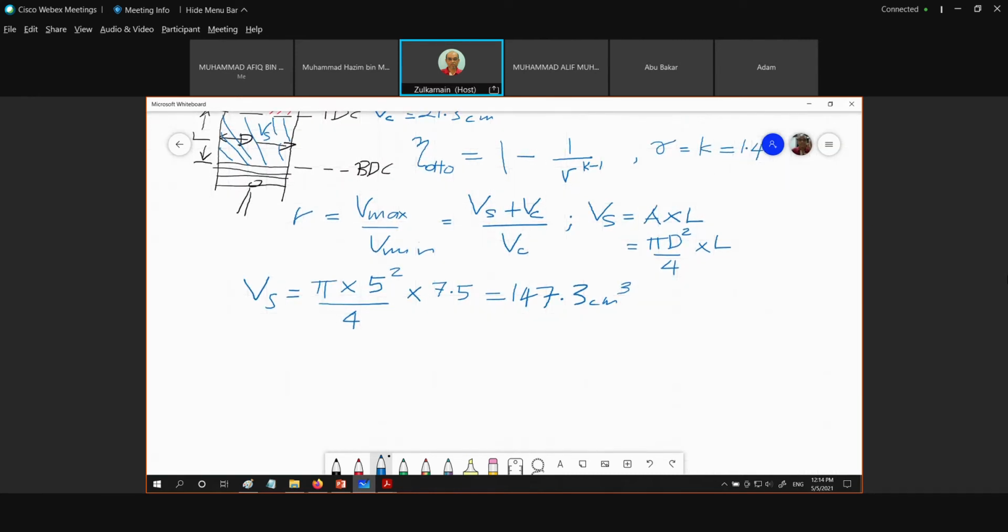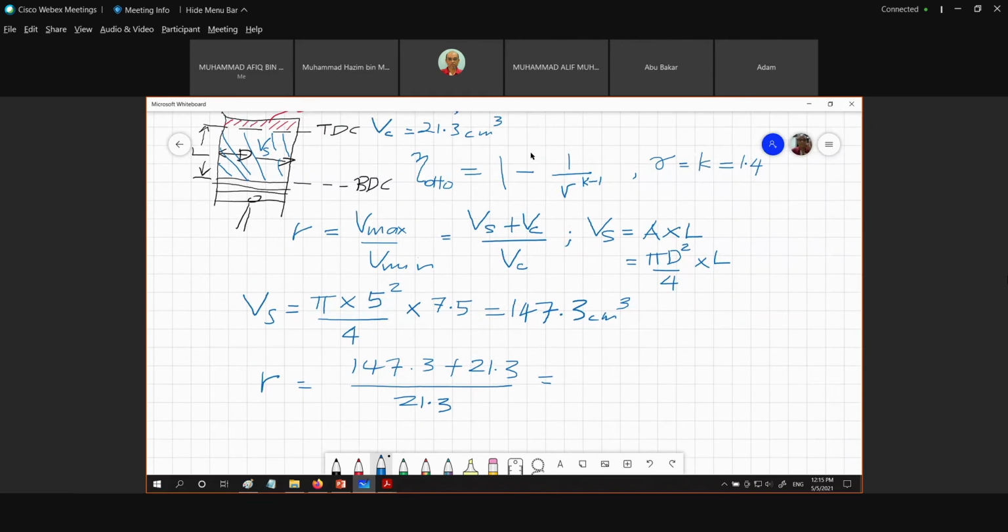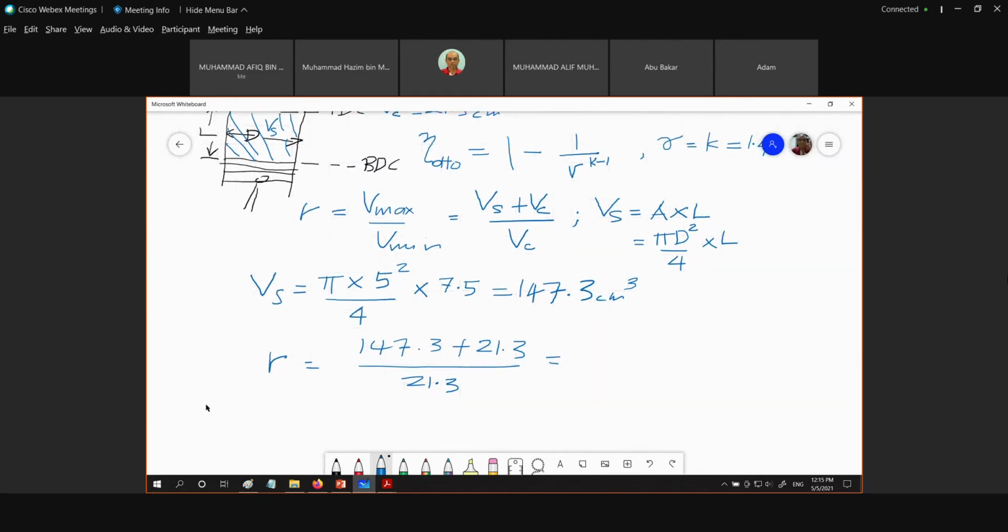So what is the r value? r is equal to Vs, 147.3, plus the Vc, which is 21.3, divided by 21.3. Okay, how much is that? 7.915.